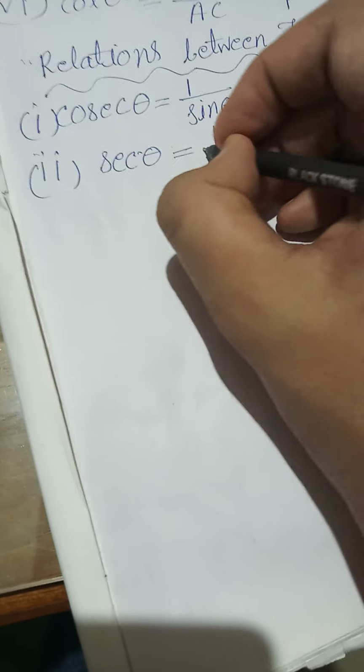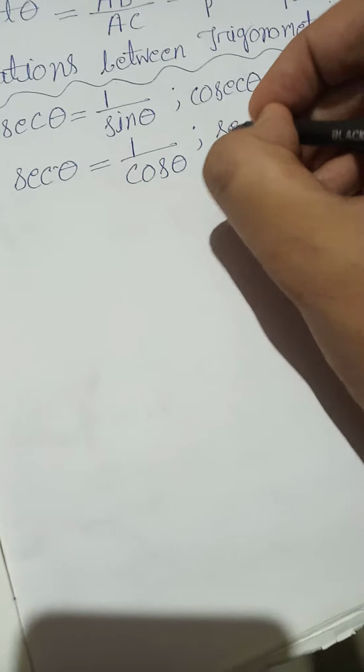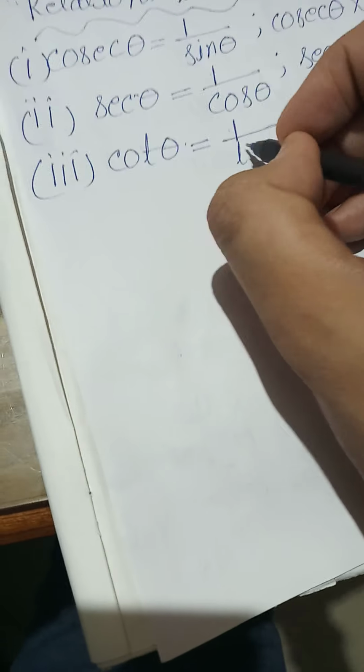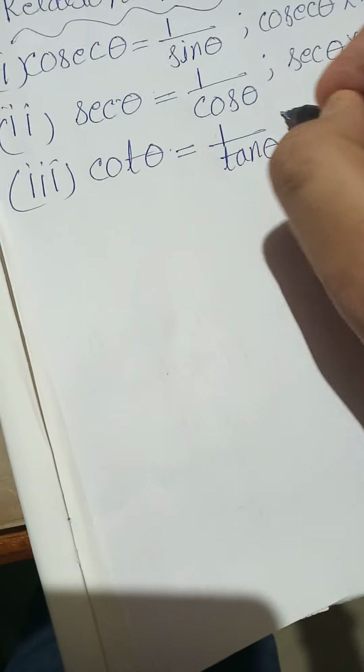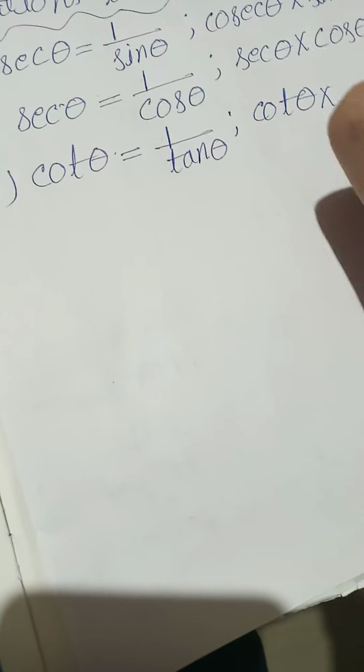Number 2, sec theta is 1 by cos theta, or sec theta into cos theta is equal to 1. Number 3, cot theta is equal to 1 by tan theta. Cot theta into tan theta is equal to 1.